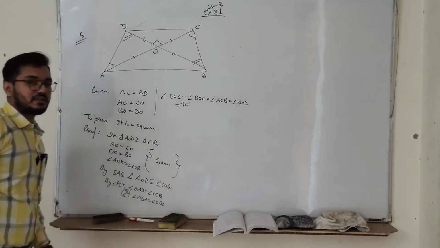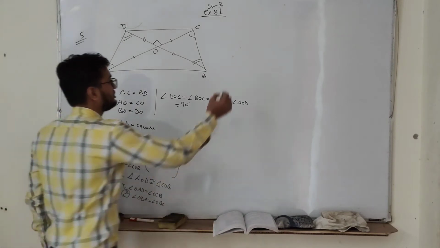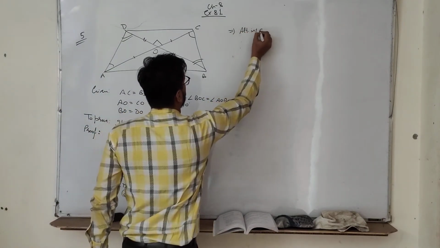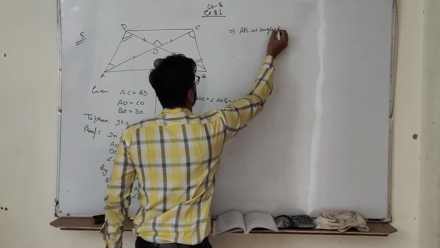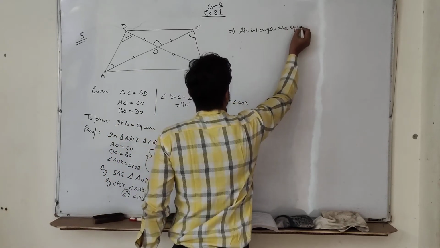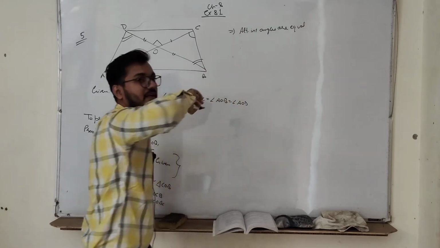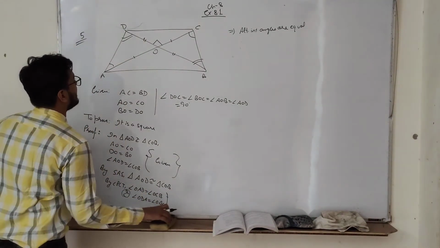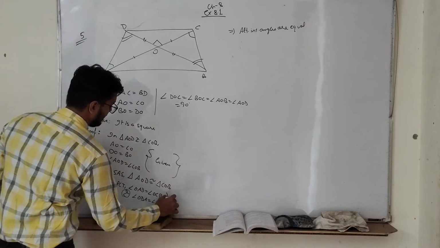Now alternate interior angles are equal, and also by CPCT we can say AD is equal to BC.